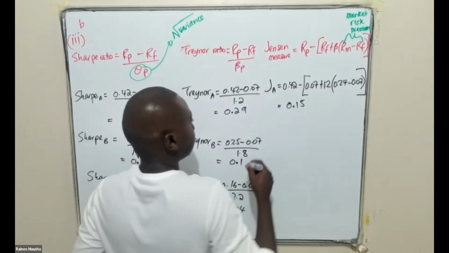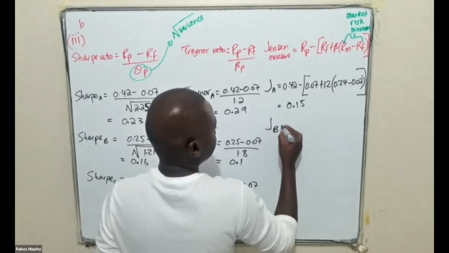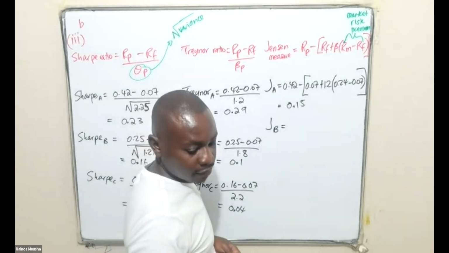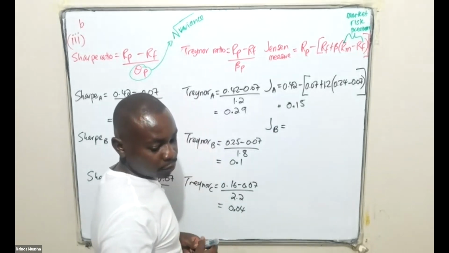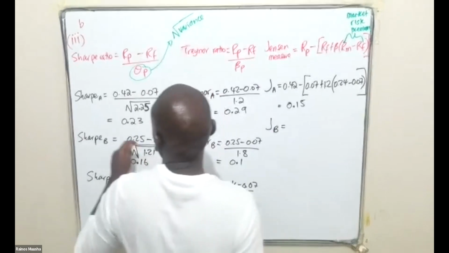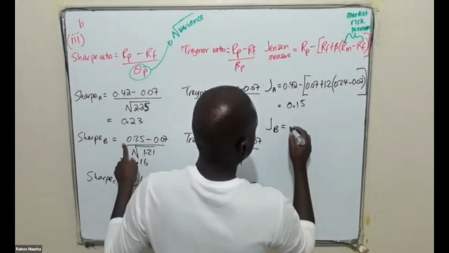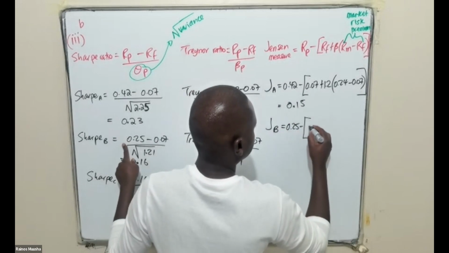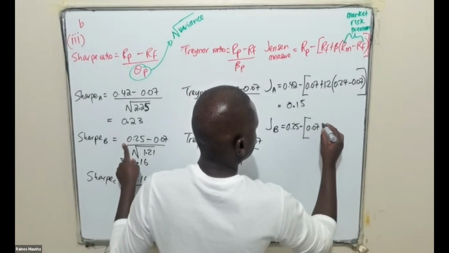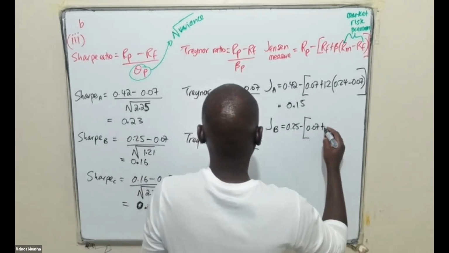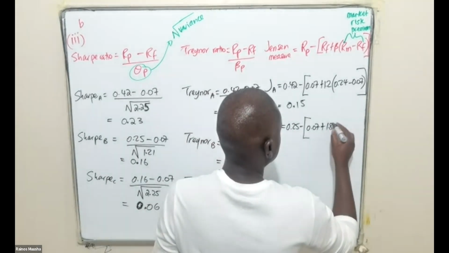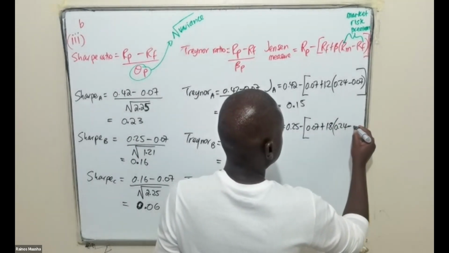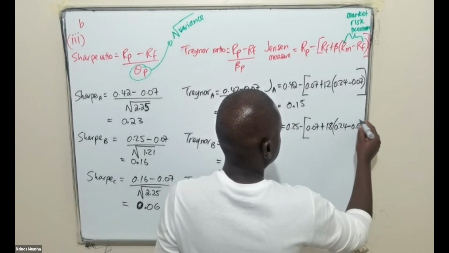And your Jensen measure for portfolio B would be: remember, we're given that the return of portfolio B is 25%. So it's going to be 0.25 minus the risk-free rate of 0.07 plus your beta, which is 1.8, times market return 0.24 minus your risk-free rate of 0.07.